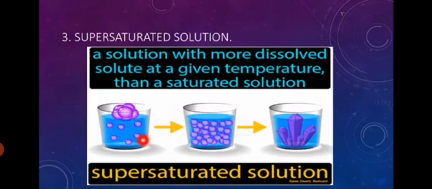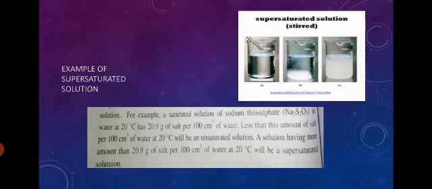Then you heat it, and after heating the undissolved solute also dissolves in the solvent. Such a solution is called a supersaturated solution. So this is an example of a supersaturated solution.